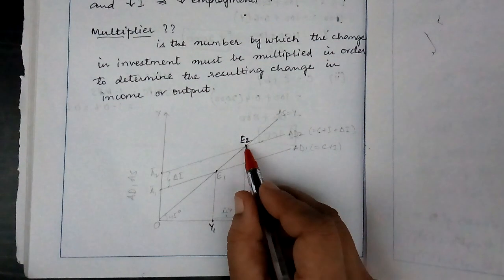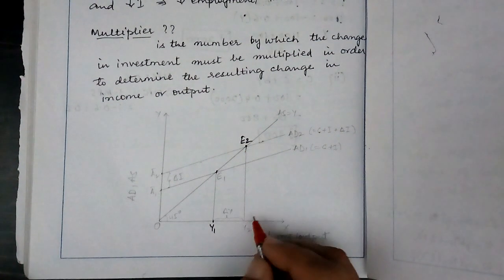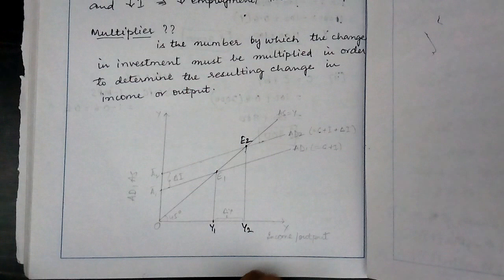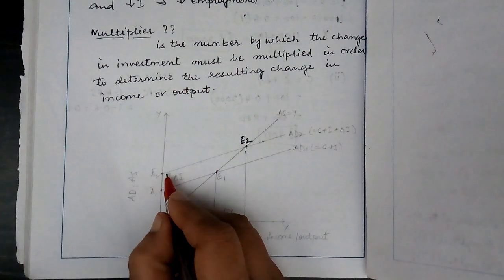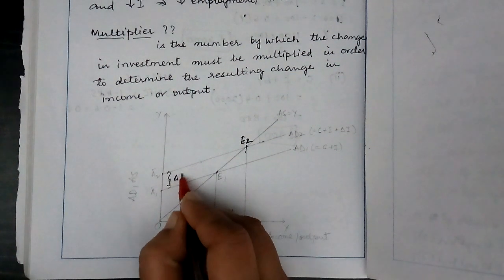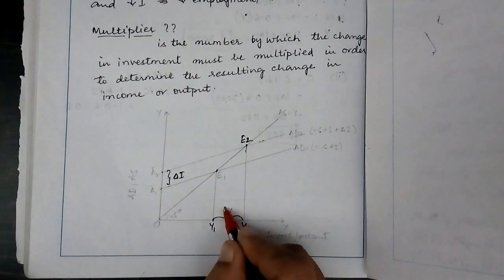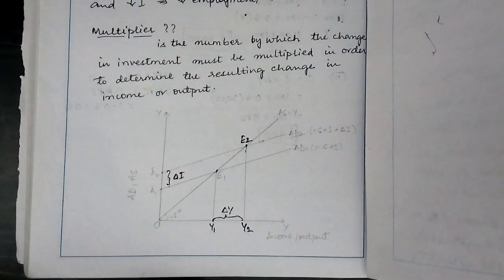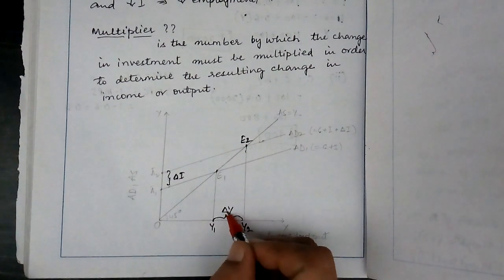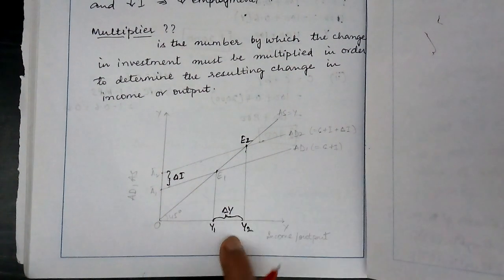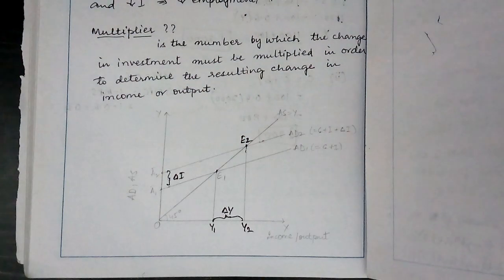At this point E2, what is the level of income? It is Y2. So for this change in investment, we find there is a change in income also. By how much is this change in income? It is given by the investment multiplier.